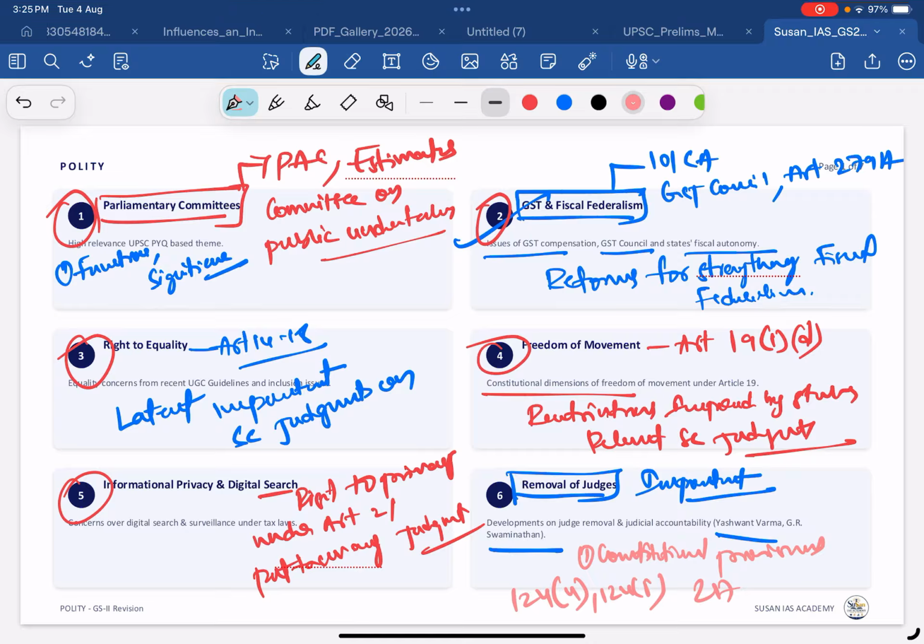Also there can be a question like judicial independence with accountability, and the in-house procedure. What is the in-house procedure? And also the National Judicial Appointments Commission debate, and what reforms should be taken for judicial accountability. So these are the dimensions you can prepare in the removal of judges topic, right? I hope everyone is getting it now.